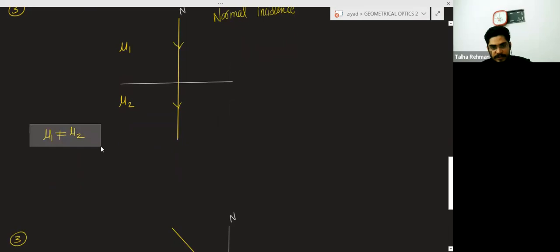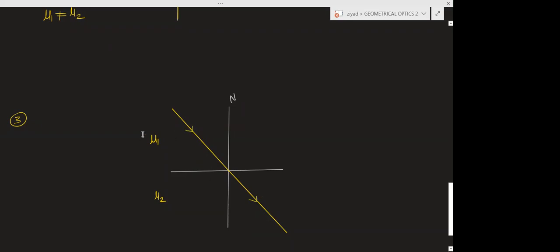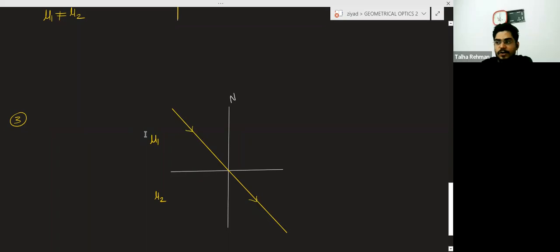You can see the refractive index is different. Now, if it is given that light passes straight through like this and suffers no bending, it can only be possible with oblique incidence.